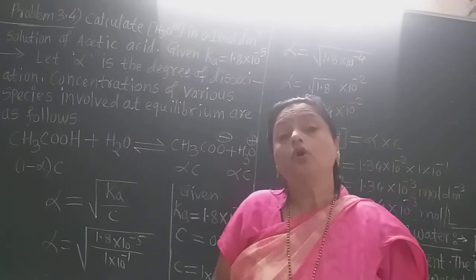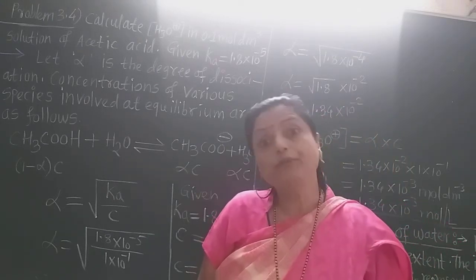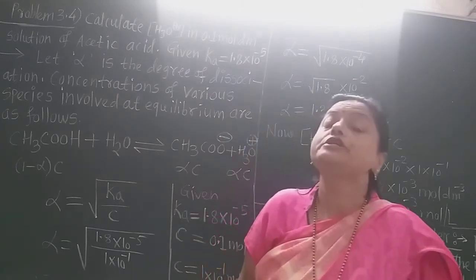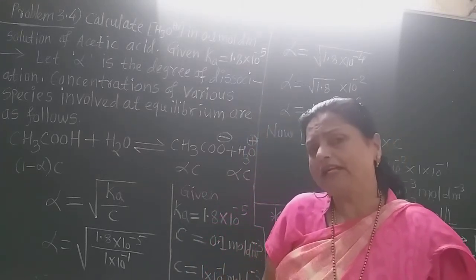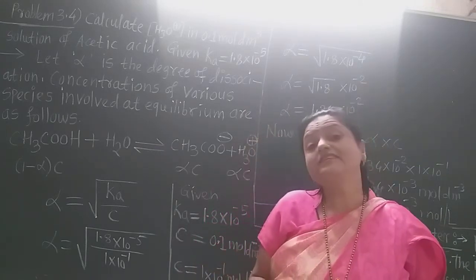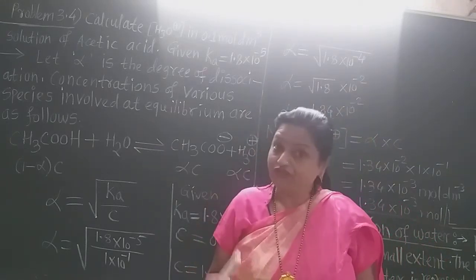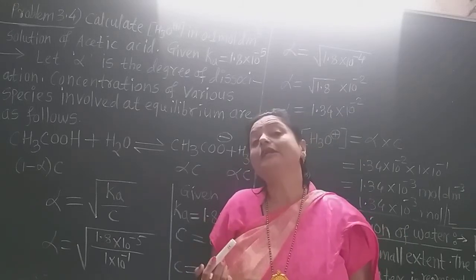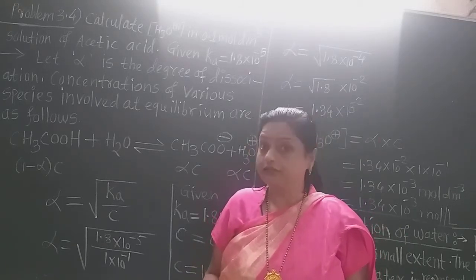And how the Ostwald dilution law we proved that the degree of dissociation of the weak electrolyte, it may be weak acid or weak base, is inversely proportional to the square root of concentration and directly proportional to the square root of the volume of the solution.